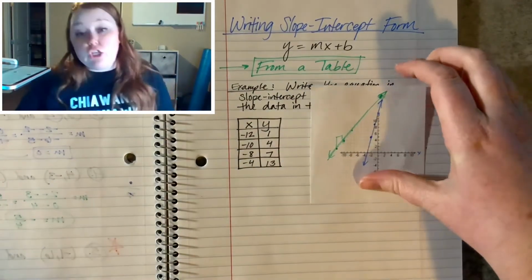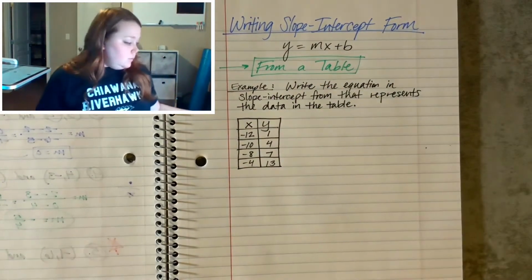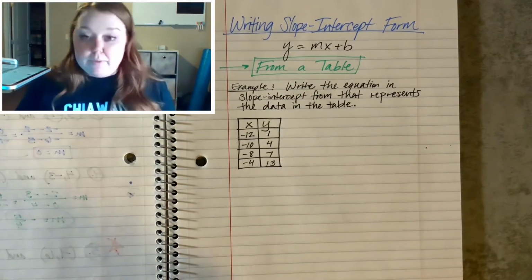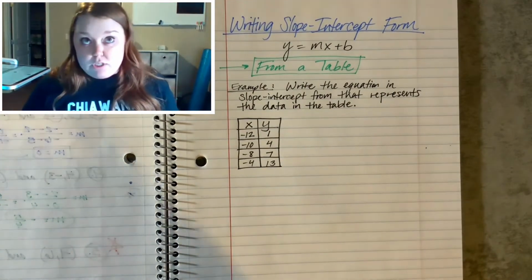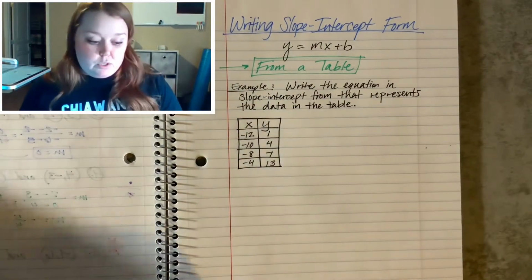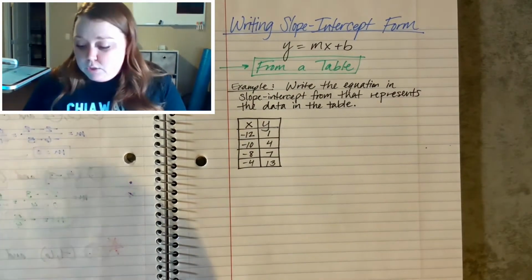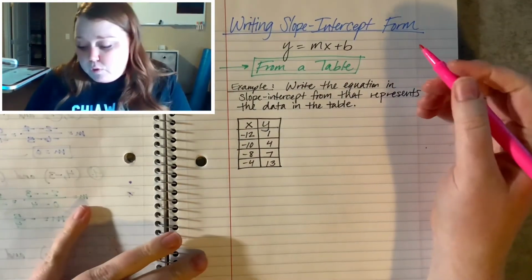You could do that, but it's not the best way. Solving it algebraically is probably the best strategy, because you never know what type of points you're going to be dealing with.